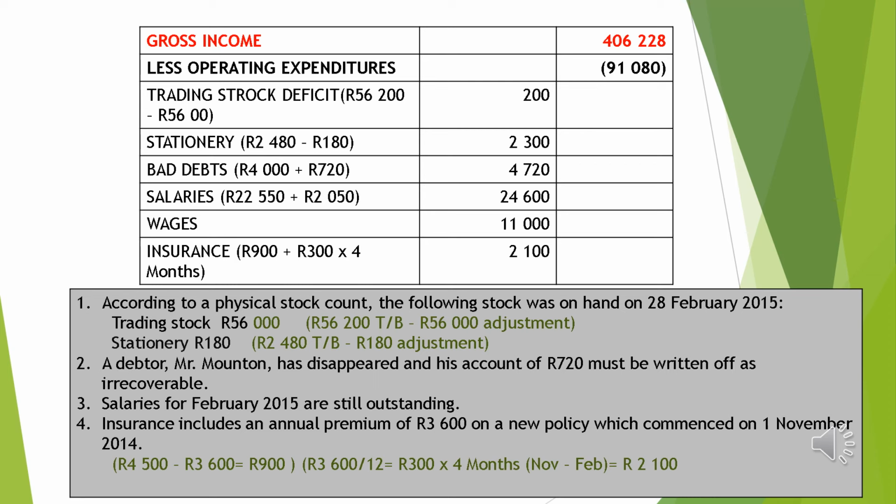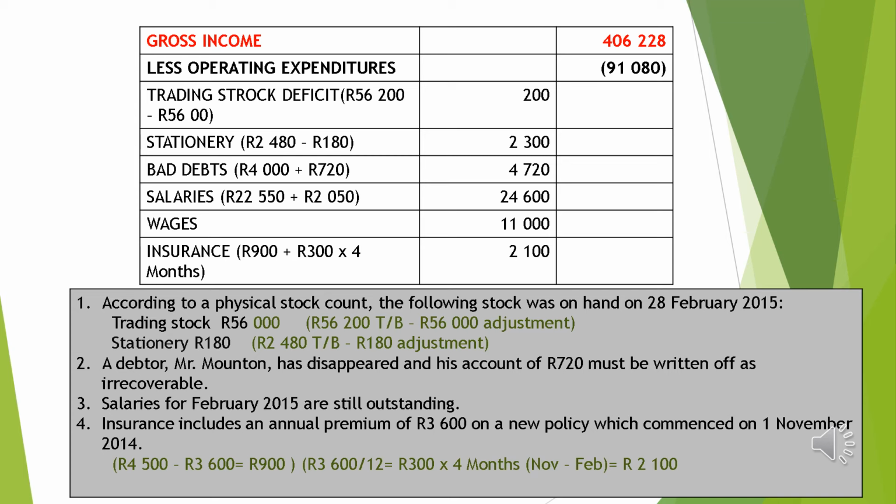Then the second entry will be your stationery. Your stationery, we are referring to items that are consumables, items that are needed for administration of a particular business. And your stationery amount, as per the stock count, also revealed that we are having stationery valued at 180.